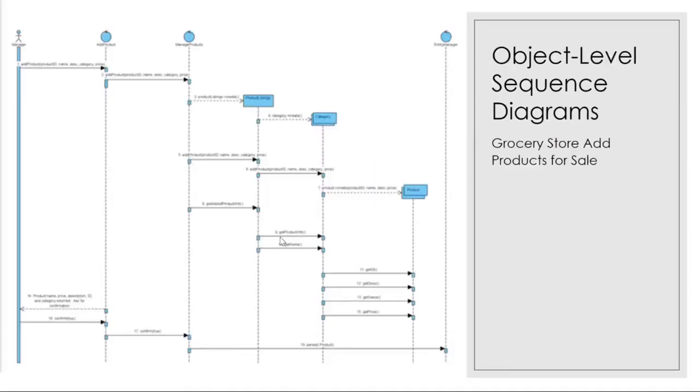And so this is the object level sequence diagram. The user will add products and input all the product information, and then the manage products control will create an instance of a product listings with all the product info in it, and it'll also create a set of categories.